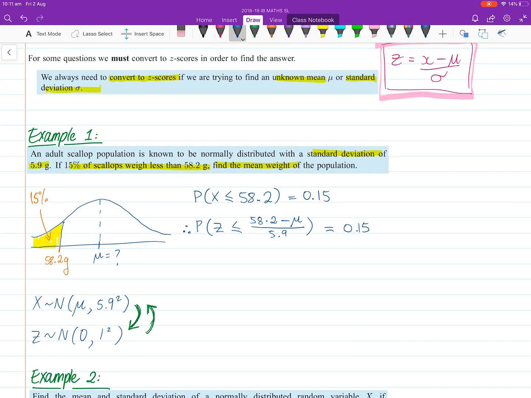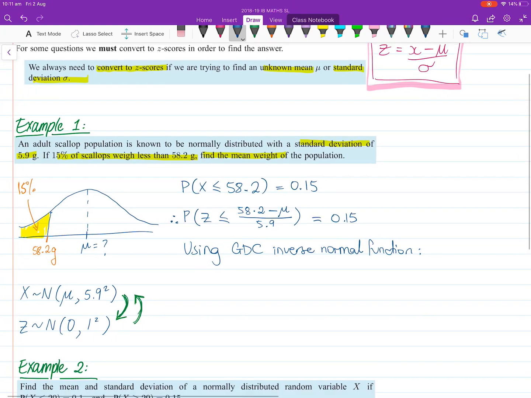Okay, so now using your GDC, the inverse normal function. Have a go and do that.